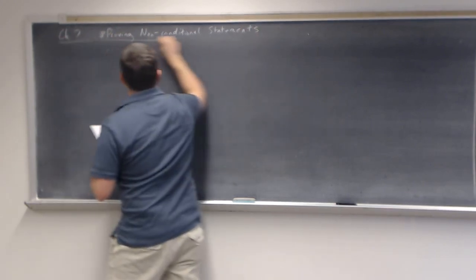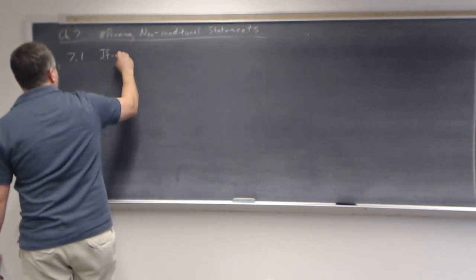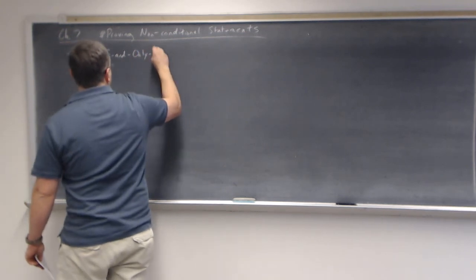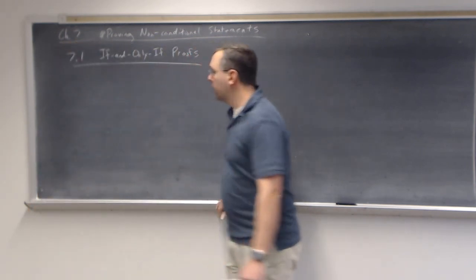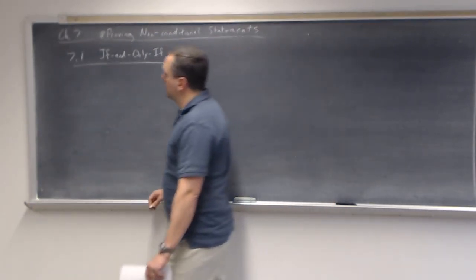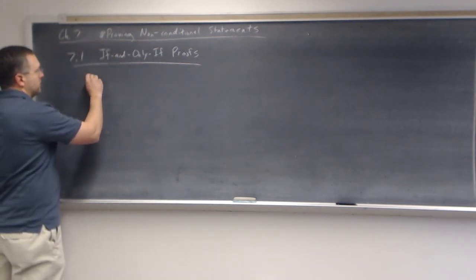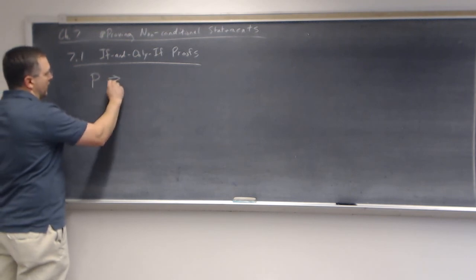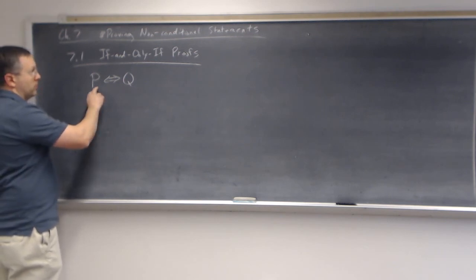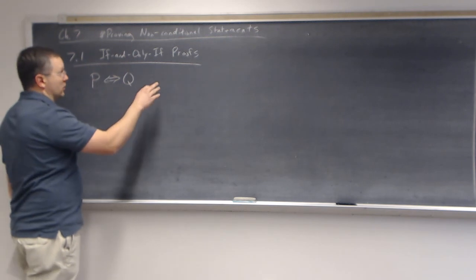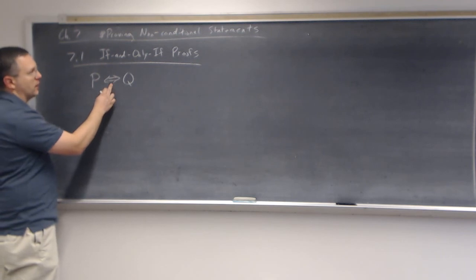The first section that I want to talk about, 7.1, talks about if and only if proofs. Okay. So we showed that the biconditional statement P if and only if Q is equivalent to two conditional statements: P implies Q and Q implies P. So that's kind of instructive in the symbol for if and only if.